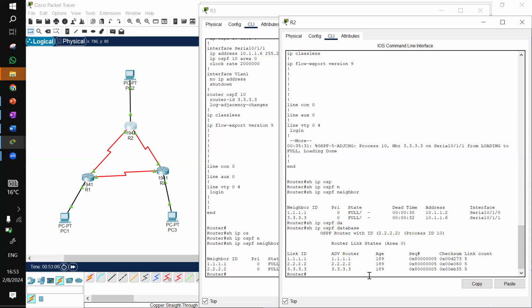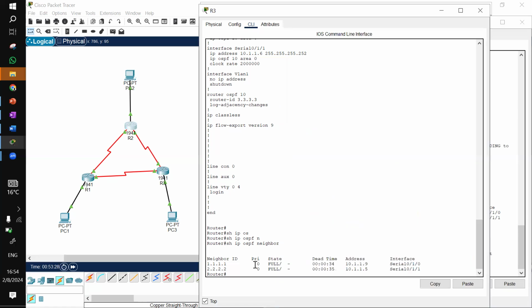That shows you the whole topology of the OSPF network. So you can see from the database, we have 1, 2, 3, and those are our 3 routers. And if theory serves me well, the databases are the same for all routers in the network. So for router number 2, we have 1, 2, 3 proper.